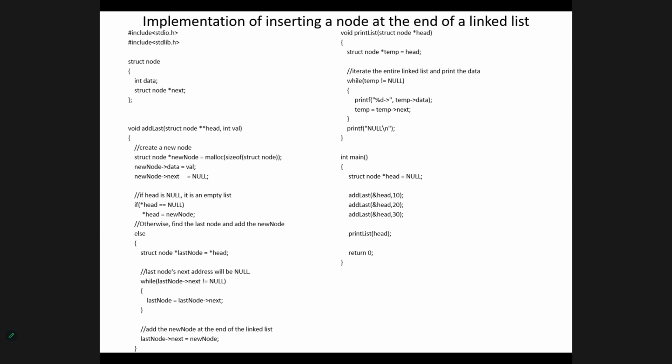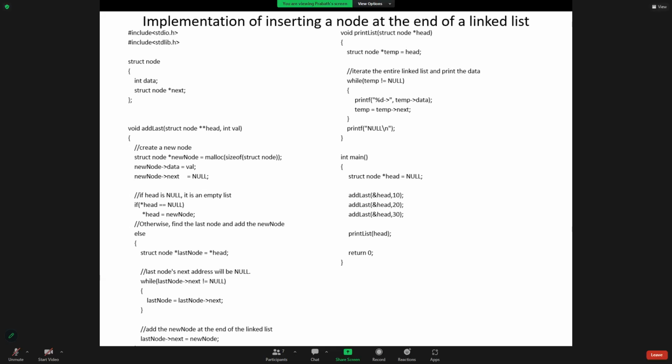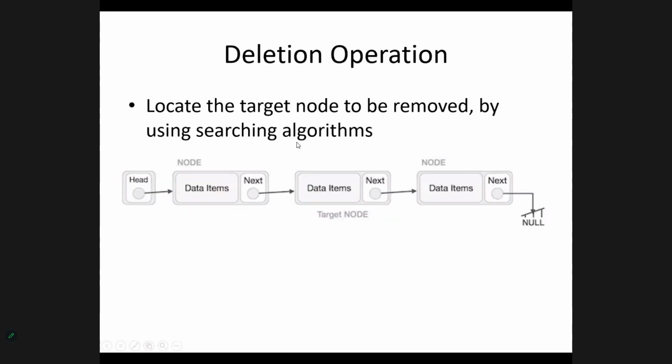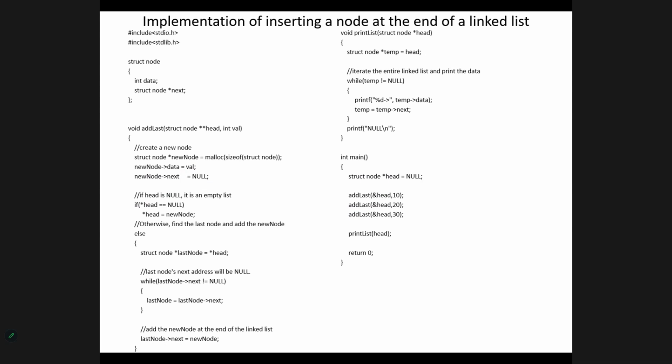So beginning and end are clearly defined. If it is the middle, then we need to give the value. What is the value? Based on that, we'll be able to insert. Okay, so that is about insertion.